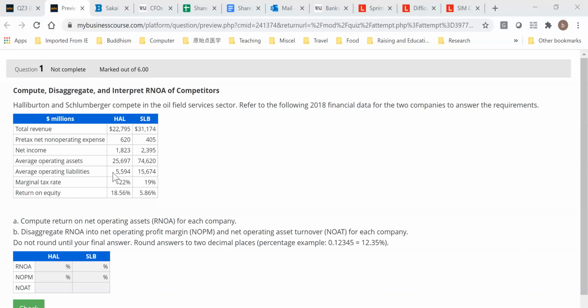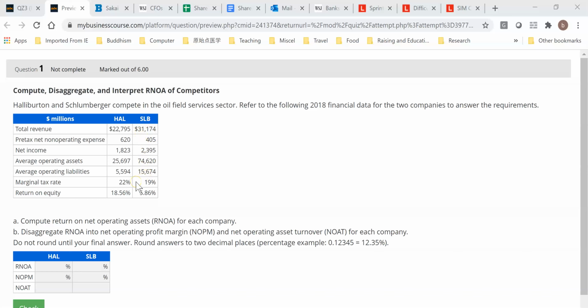But in this case, we don't have to do that part of the job because the average operating assets and average operating liabilities are already provided. So from that, we can calculate the average net operating assets, which is basically the difference between these two for each of these two companies here.